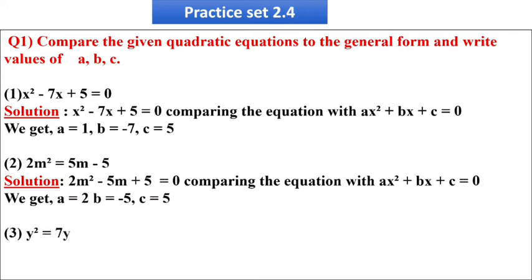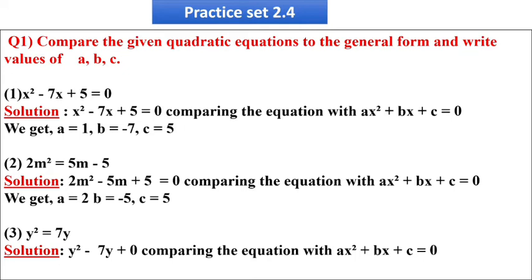Now the third one is given: y square equal to 7y. Here the value of c is not given. We'll arrange this equation first. 7y will come to the left side and become minus 7y. The c value is not given, so what will we take? Plus 0. I have already explained that b and c can be equal to 0, but a cannot be 0.